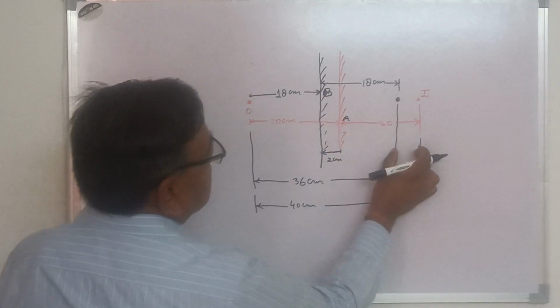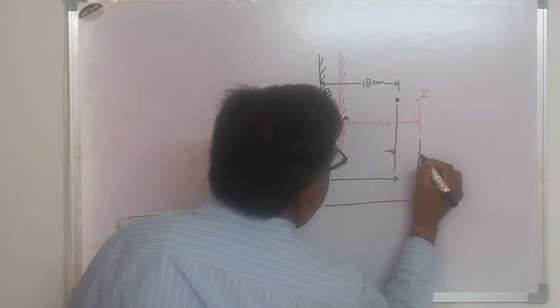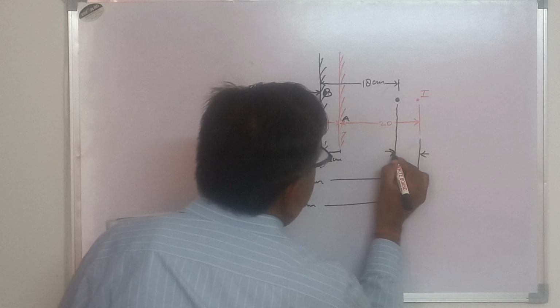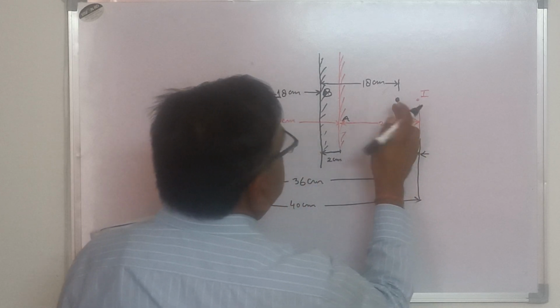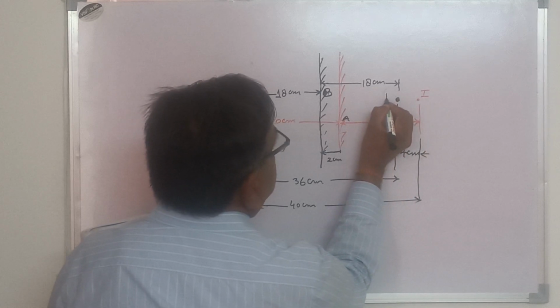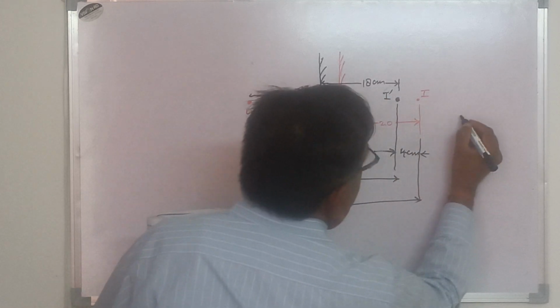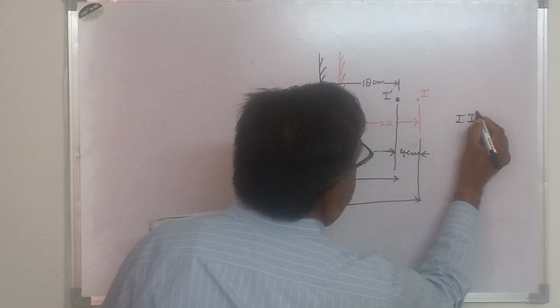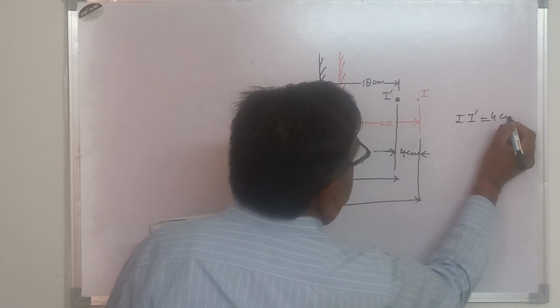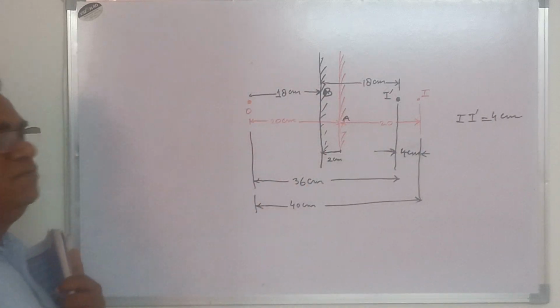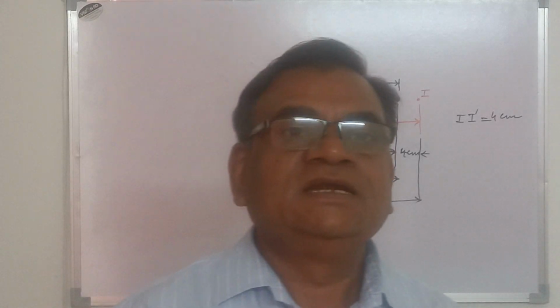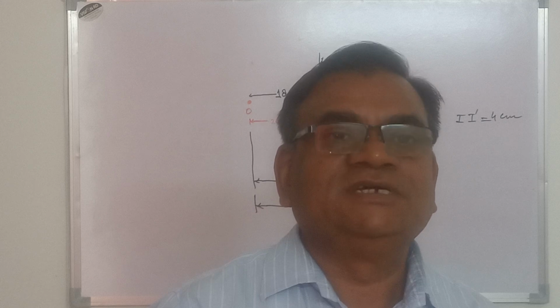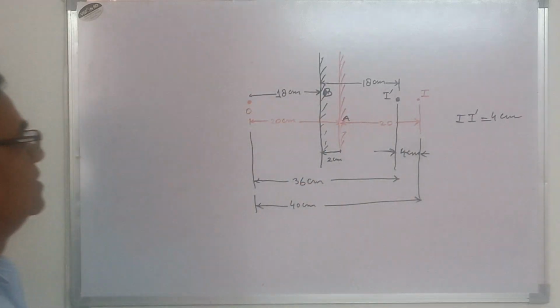So how much is this? This is 4 centimeter. तो जो फाइनल इमेज है, this I dash और I, तो I dash 4 सेंटीमीटर. जनरली नॉर्मली we see, तो हमारे दिमाग में आएगा इमीडिएटली we say 2 सेंटीमीटर, but it is 4 centimeter.